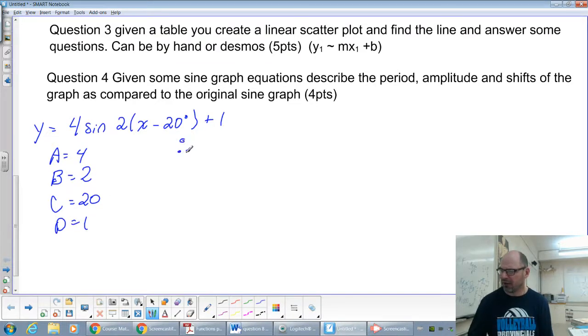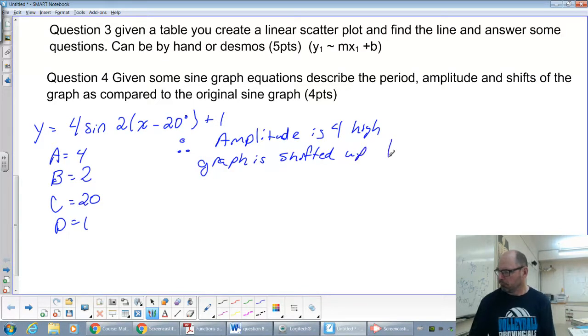So therefore we can say that the amplitude is 4. Okay, we can say that the graph just shifted up 1. Okay, we can say that the graph is shifted, okay, so it's inside the bracket, it's going to be the opposite way, 20 degrees forward or to the right.